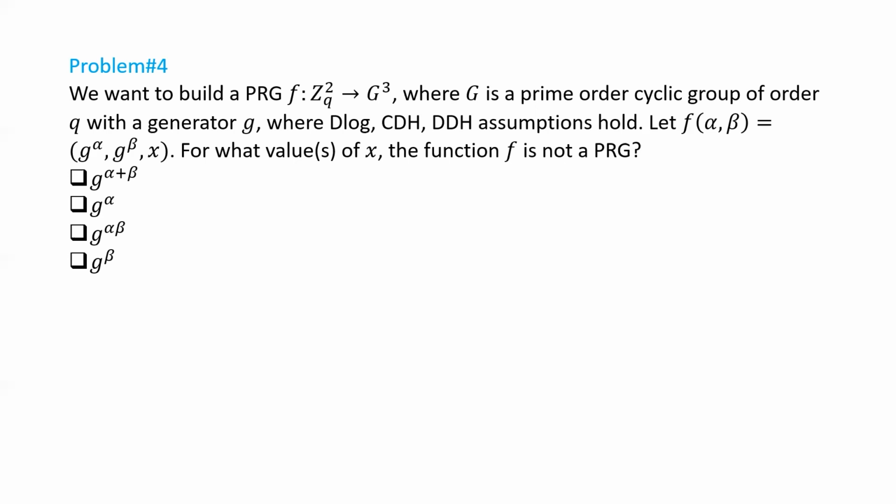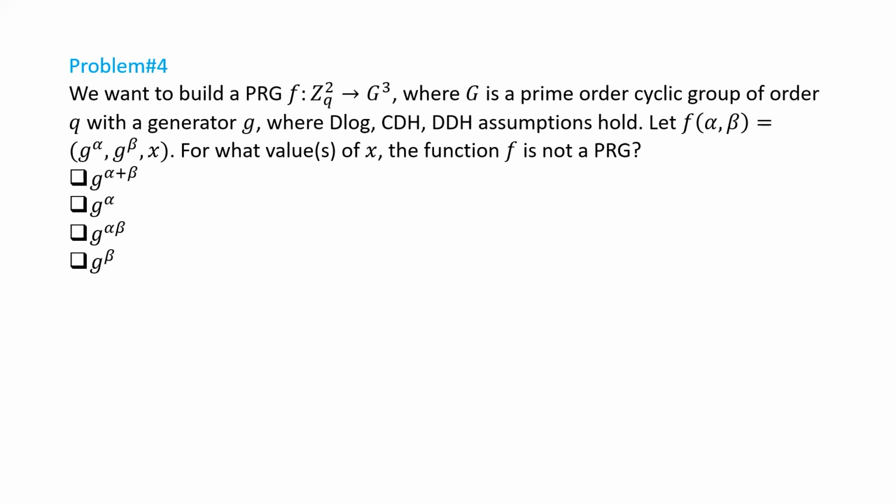Also, given g to the power alpha, you cannot compute alpha due to the DLog assumption. The same goes for computing beta from g to the power beta. So you cannot compute alpha and beta. Also, given g to the power alpha and g to the power beta, you cannot compute g to the power alpha beta. So you cannot check whether the third component is equal to g to the power alpha beta or not by seeing the first two components, because the DDH assumption holds.